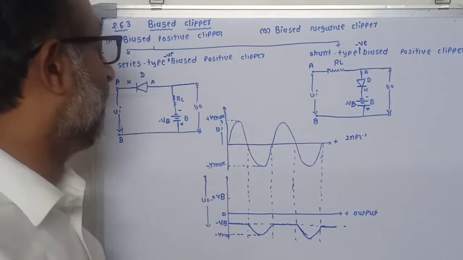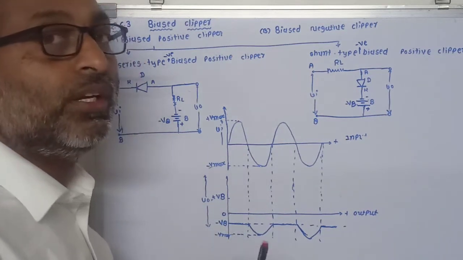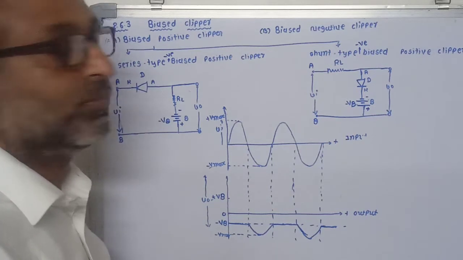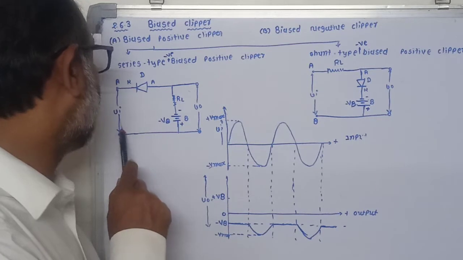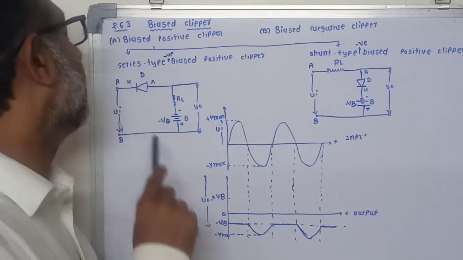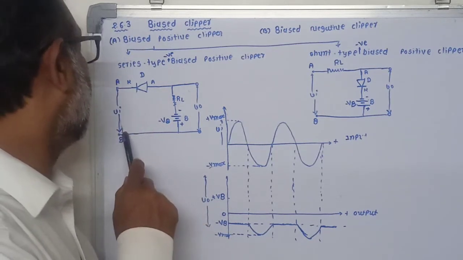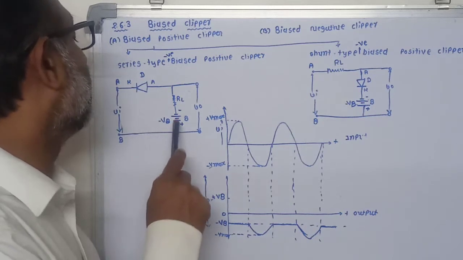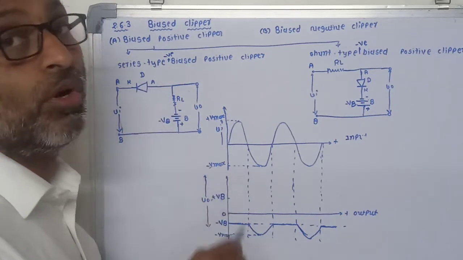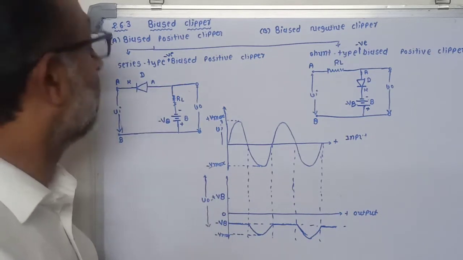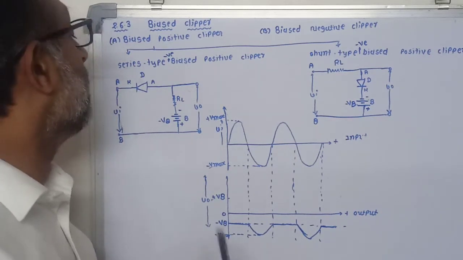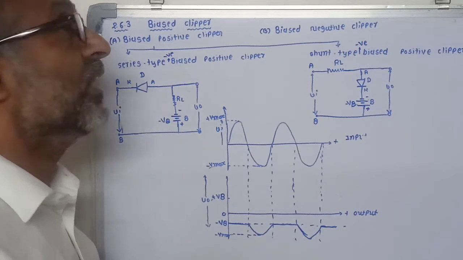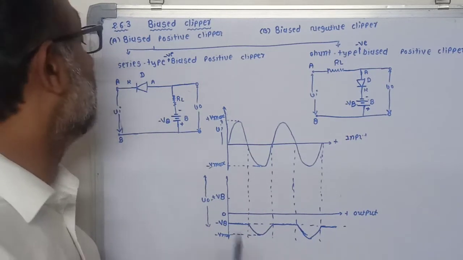Now during the negative half cycle of the input, terminal B is positive and terminal A is negative. Due to this reverse voltage, this diode is forward biased. That means it acts as a closed switch.